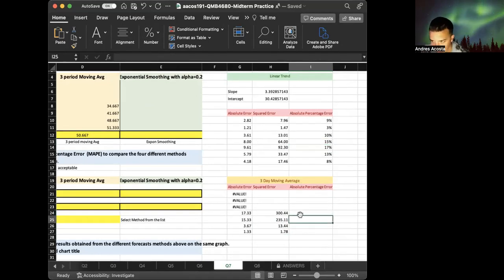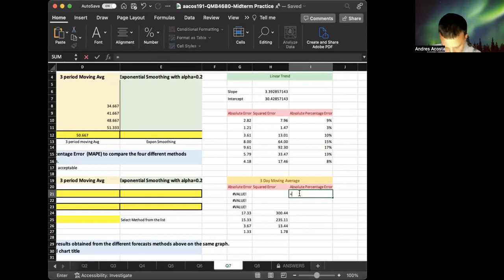All right, so basically all we have to do now is the ABS function. Actually, we have to go here. The ABS function.